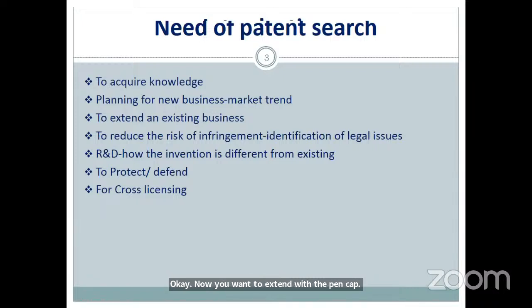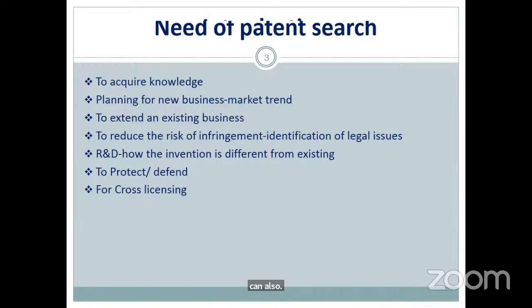But you are not ready to do that business on your own, and you find in your search that someone already has the patent on the pen cap. Okay, then you will go for cross licensing with them. Okay, cross licensing means that you will have an agreement with them that you will manufacture the pen, and you can also use their idea, or else they can manufacture the pen cap for you.